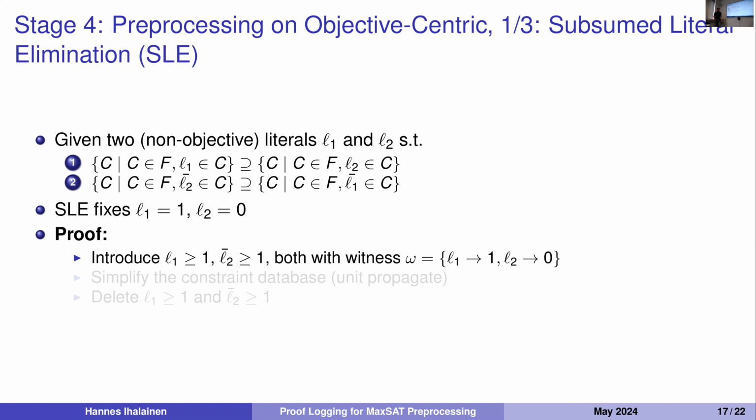And because L1 and L2 don't appear in the objective function, that's also fine. After we do this, we simplify the constraint database, so we can remove every constraint that there was because they are now satisfied because of these two constraints. And then we can finally delete the constraints we introduced, and the variables have disappeared from the instance.